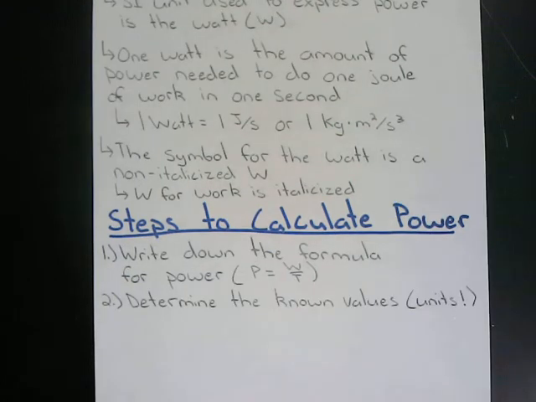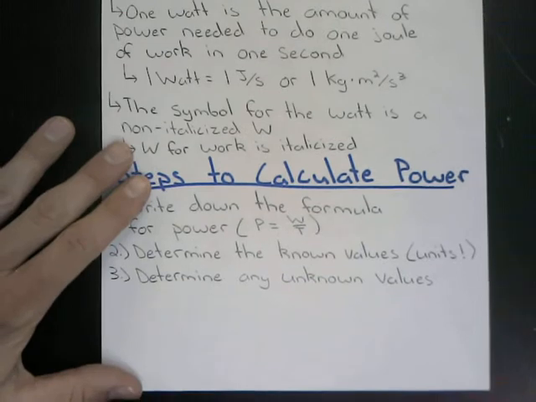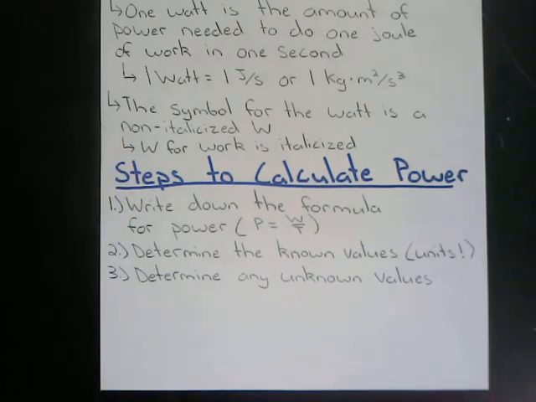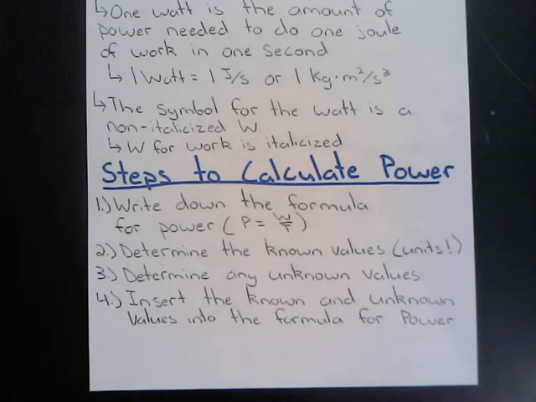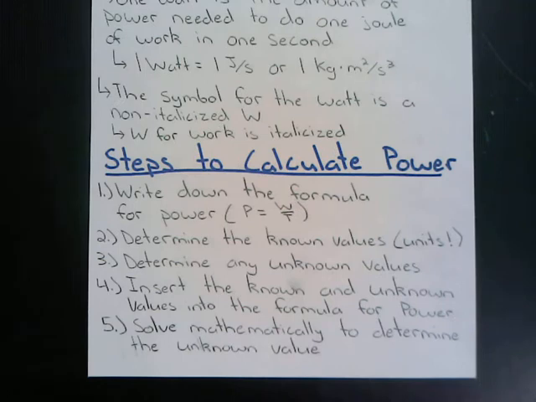Step 3 is to determine any unknown values of the problem. Once you've figured out your known and unknown values, you just need to insert those into the formula for power. The 5th step is to solve mathematically to determine the unknown value. And then the 6th and very important step is to include units in your answer.